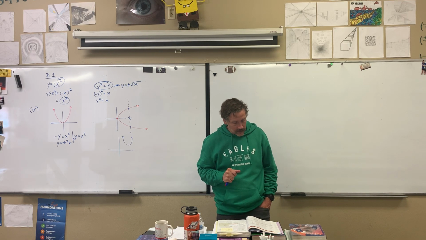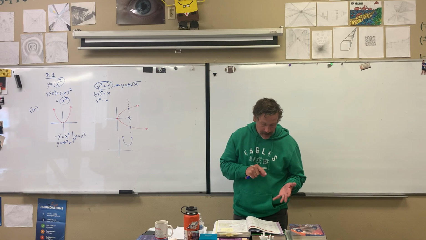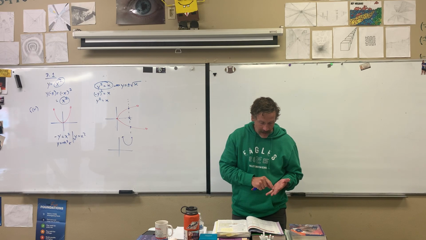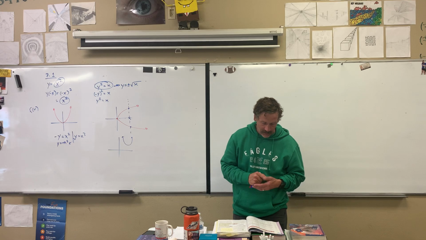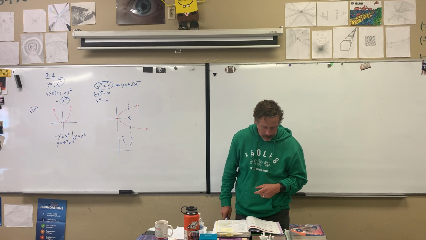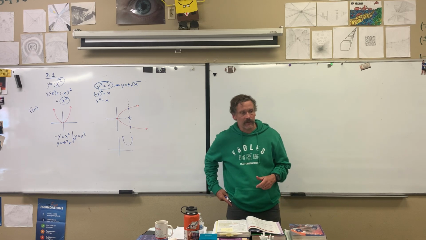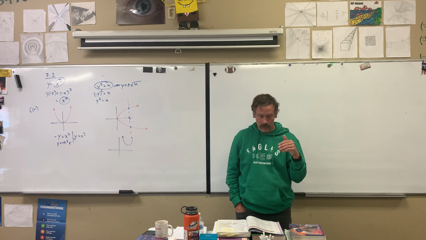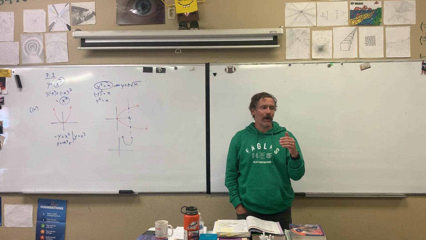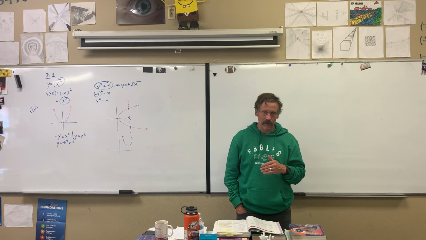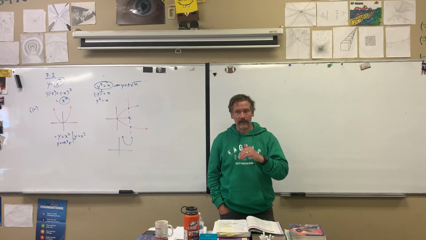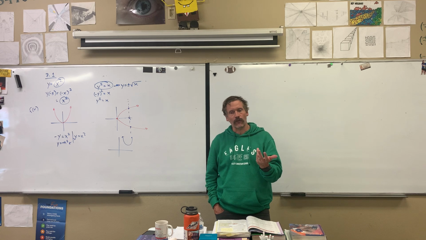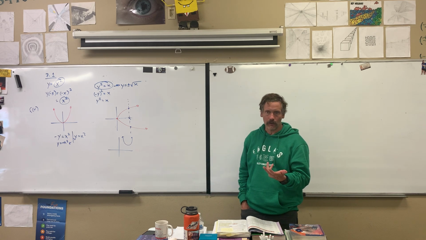If we look at this on page 8, it says match the equation with its graph. So let's take a look at number 1. You should be starting to, or already at this point, be able to look at a graph and think what kind of equation it generally looks like, or look at an equation and say, I know what kind of graph that's generally going to look like.